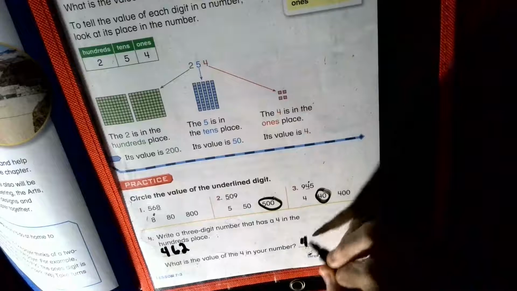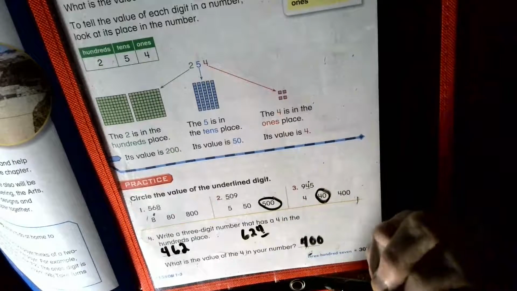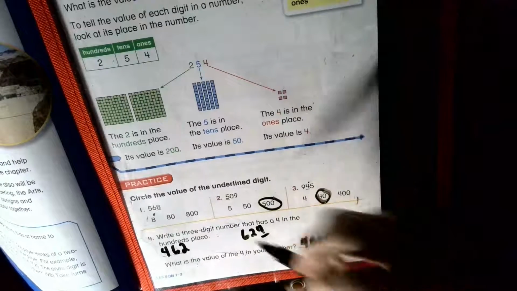But if I wrote 462, now is the 4 in the hundreds place. So what is the value of the 4 in your number? It is worth 400. As when I wrote the number 624, this 4 would have been in the ones place, so it would only have been 4.